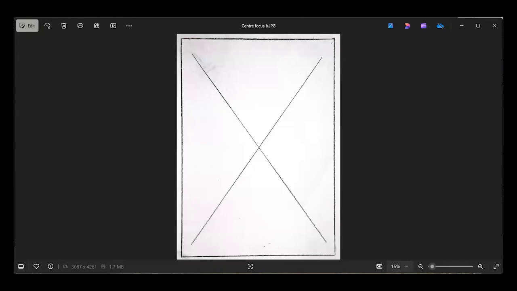And of course, it does work the same way in portrait format. If either or both these lines are shifted vertically, then the eye will again be drawn to the point where the lines cross.